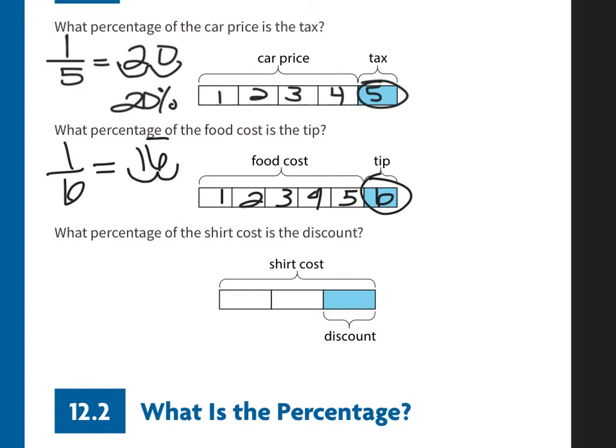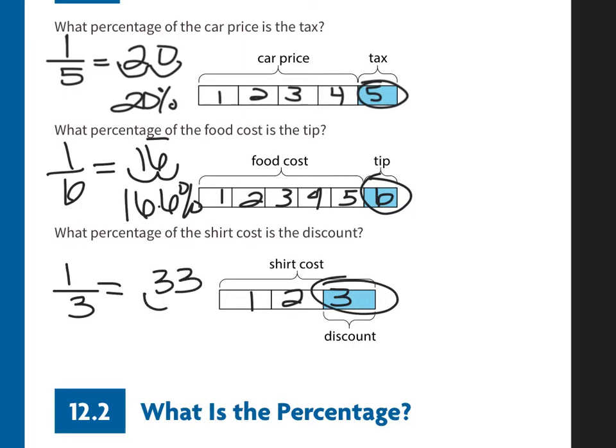If I move it over twice, it's 16.6%. And what percent of the shirt cost is the discount? Well, there are 3 total sections, so that goes on the bottom. One of them is blue, so that goes on the top. 1 divided by 3 is 0.33. If we move it over twice, it's 33%.